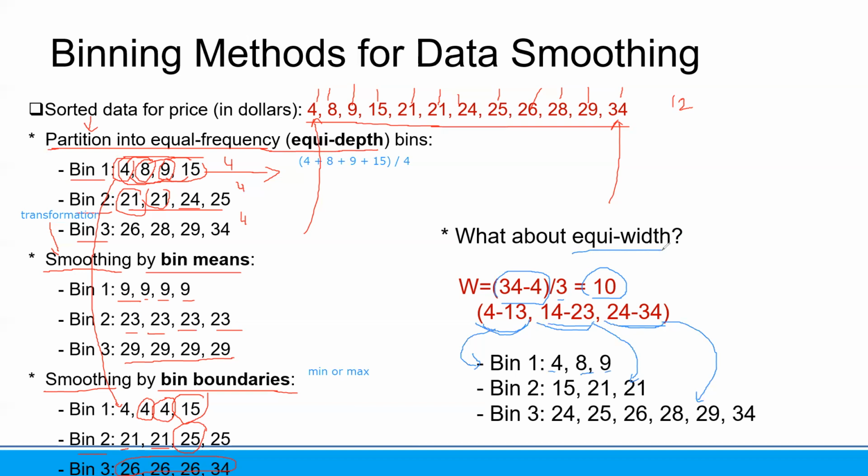So this is the meaning of equi-width. And you can see here, there are 3 numbers, and we have 6 numbers here. So the frequencies are not the same. Different from this one, which we call equal frequency, where they have the same frequency.